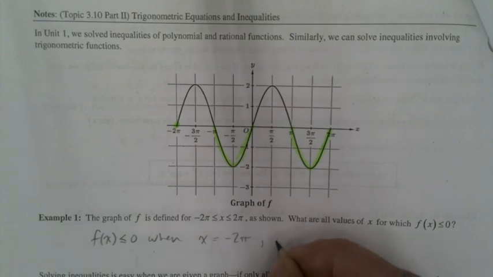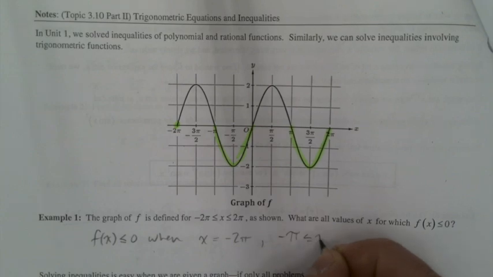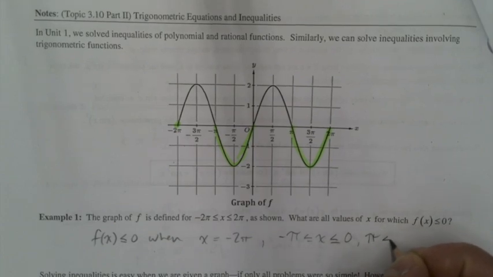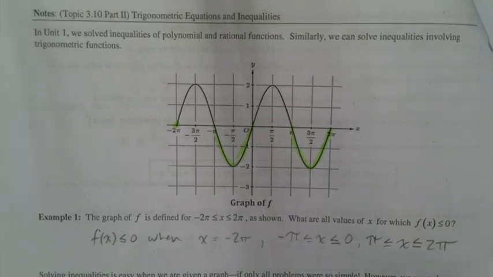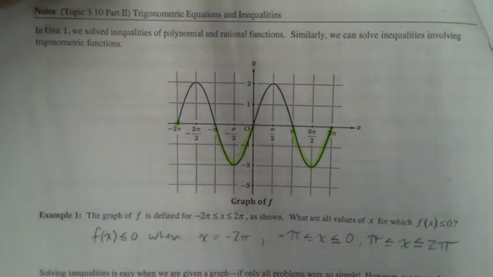We'll also include negative pi is less than or equal to x is less than or equal to 0, and pi is less than or equal to x is less than or equal to 2 pi. All right, that's pretty straightforward. Now, obviously, we're not always going to be given a graph, so it may not always be quite that simple.